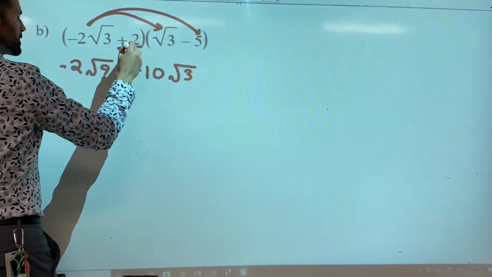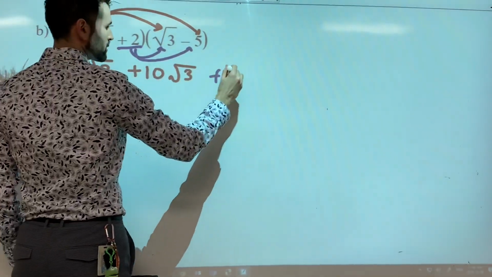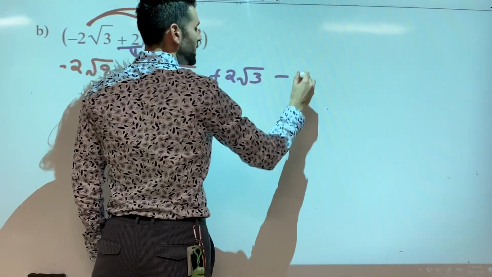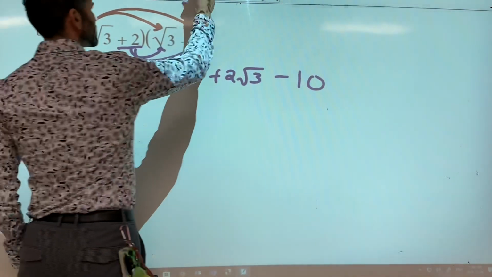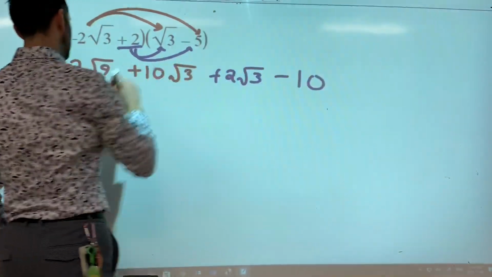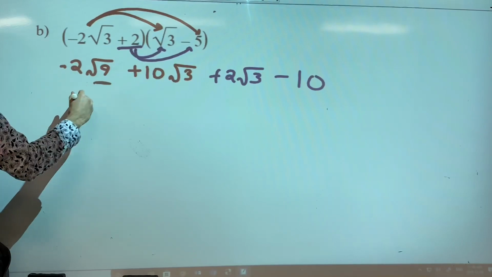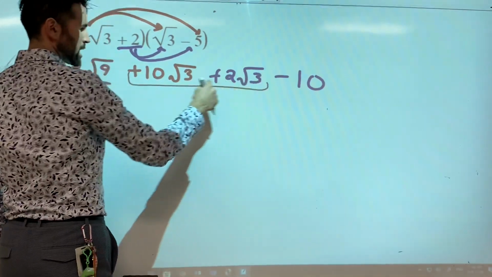Now we're going to take the positive 2 and multiply it in. So we're going to get 2 times square root 3, and we're going to get 2 times negative 5, which is negative 10. And I did not miss the negative on purpose this time. Alright, cleanup crew. So square root 9 is 3. 3 times negative 2 is negative 6. And then these are like terms because they have the same radical components.